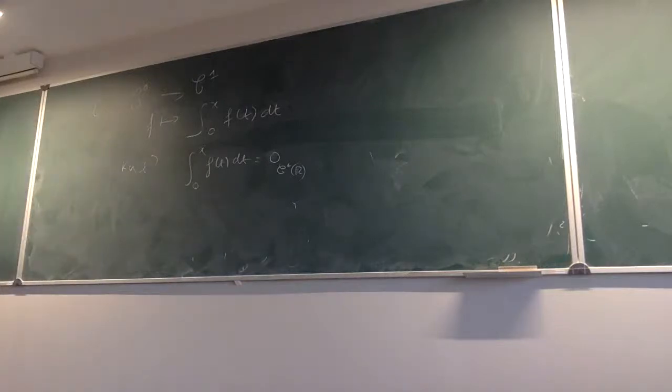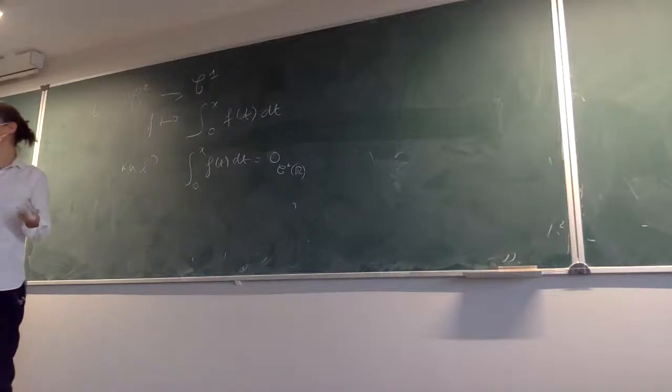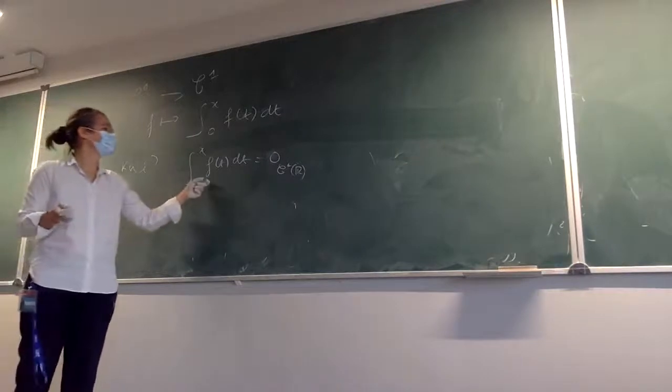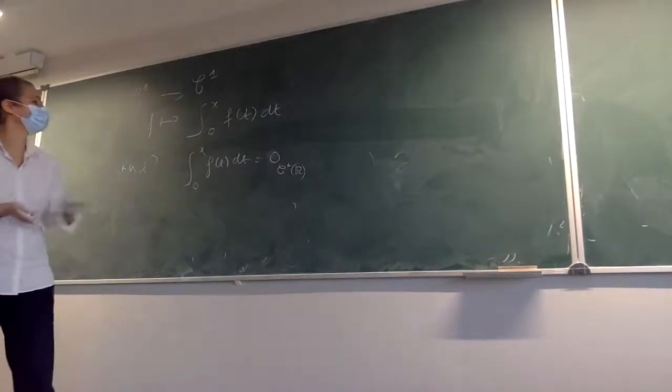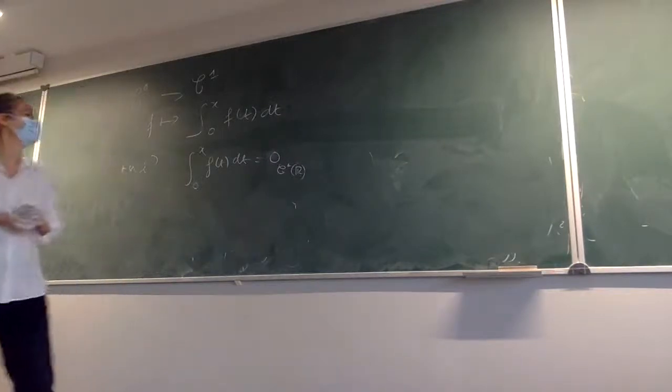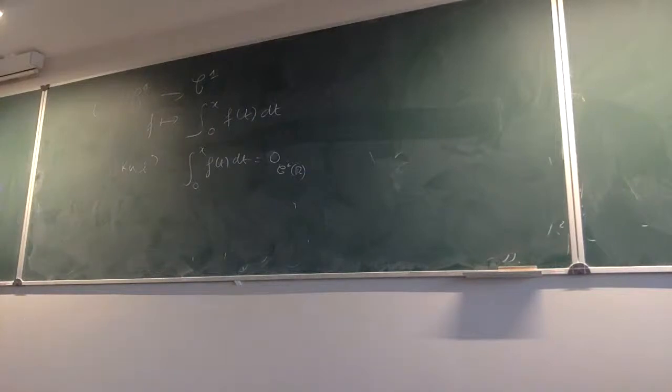So for what function do I have that its derivative is going to be equal to 0? But I know that this is also a function that is cancelling in 0. So the only possibility is 0.